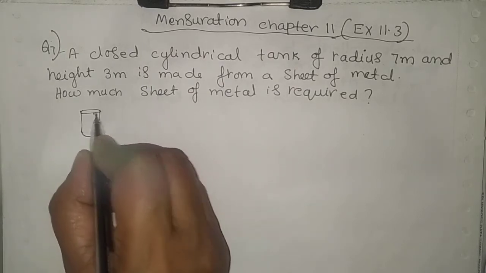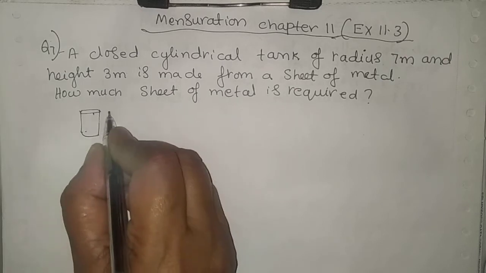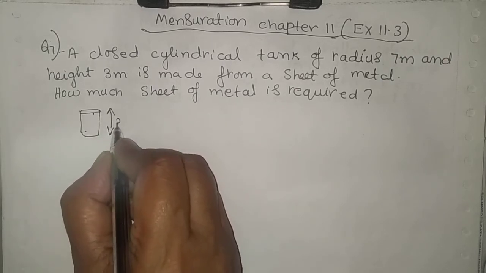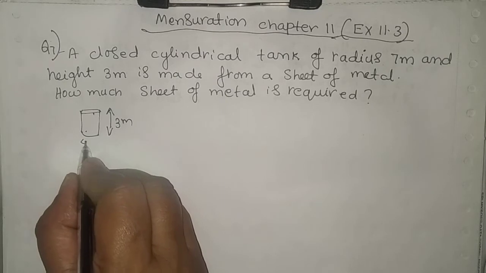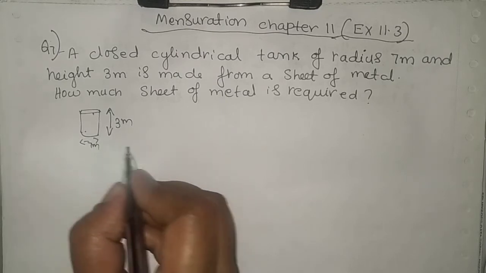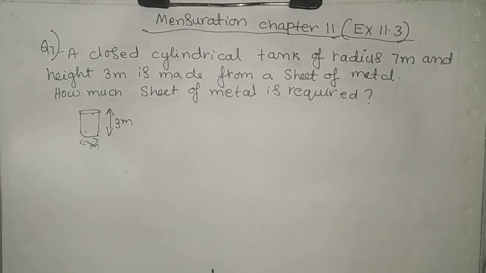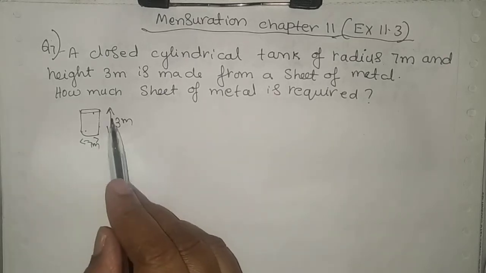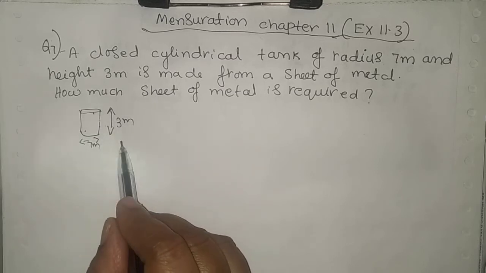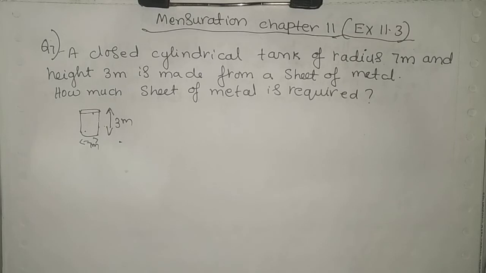This one is of radius 7. This is height, that is 3 meter, and this one is 7 meters. So now this cylinder is made from the sheet of metal. How many sheet of metal is required?